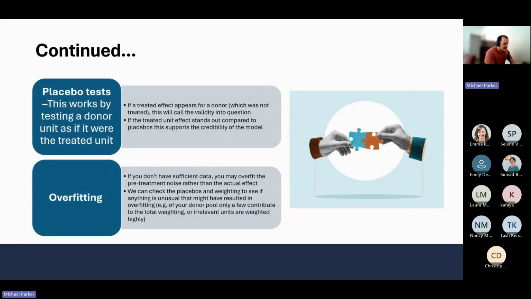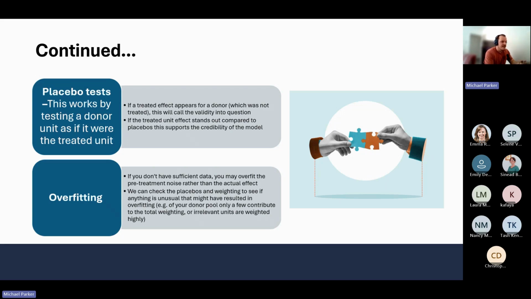So the placebo tests work by testing the other units, the donor units. If we were going back to our example with California and the smoking tax, we might use Texas, and we run the model on Texas. And what this does is, if we then see a treatment effect in Texas where we know there was no tax implemented, then we know there might be an issue with the model.